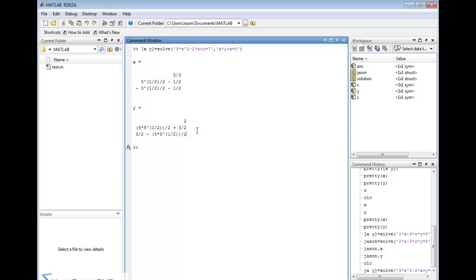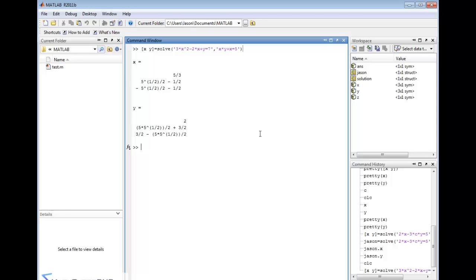So there are more complicated sets of answers because this is a more complicated system of equations than you typically run into. But the bottom line to remember is that the symbolic math toolbox is very powerful because you can pretty much put any equations you want in here, and MATLAB will try to keep them exact, which is what it's done here.